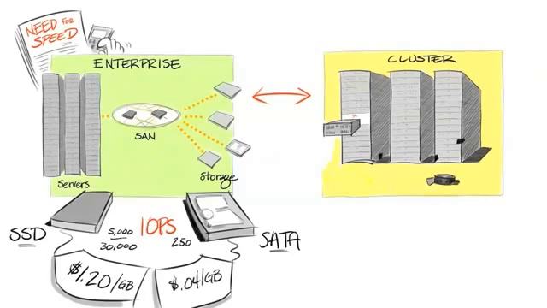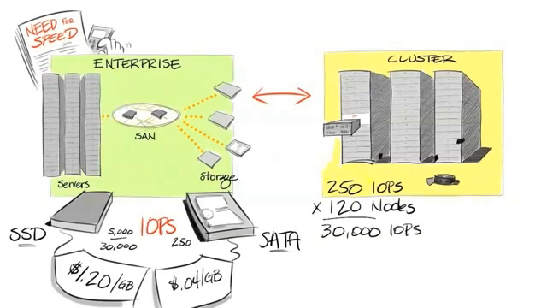Now, suppose you have a cluster with 120 nodes, each capable of delivering 250 IOPS. Since 120 times 250 is equal to 30,000, the 120 nodes reading data in parallel deliver 30,000 IOPS, the same performance as a solid-state drive, but at the same cost per gigabyte as SATA.